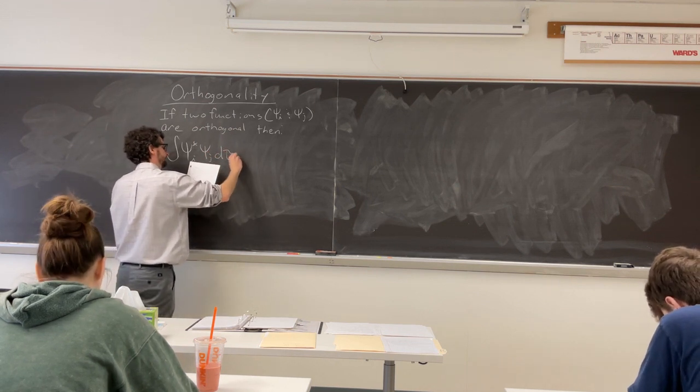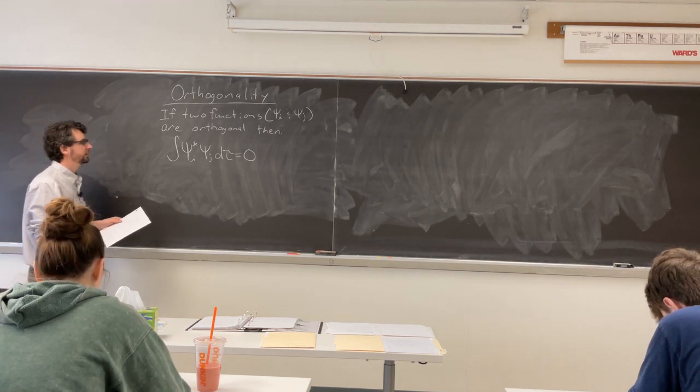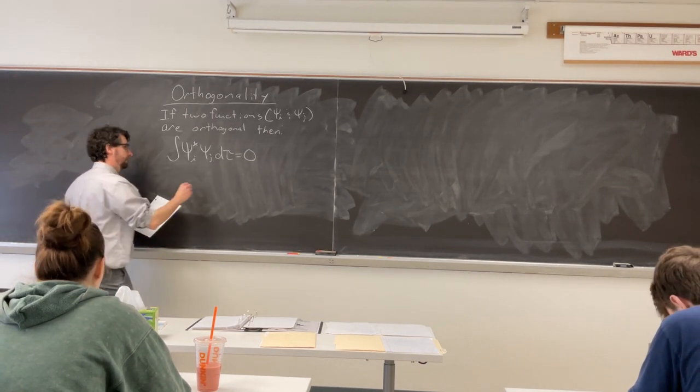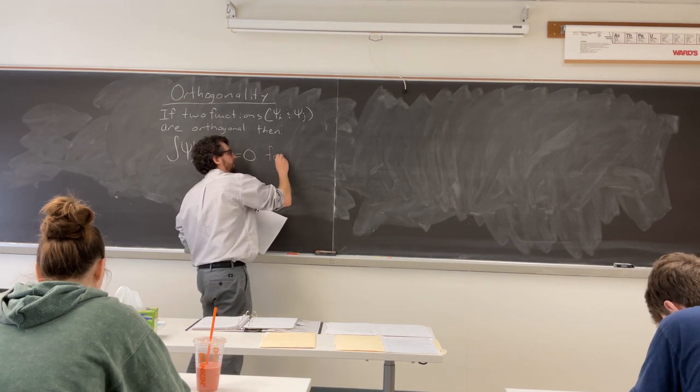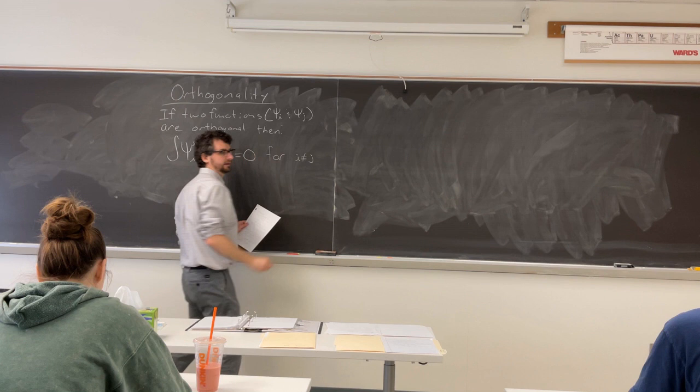The integral of psi i star psi j d tau is 0 when i does not equal j.